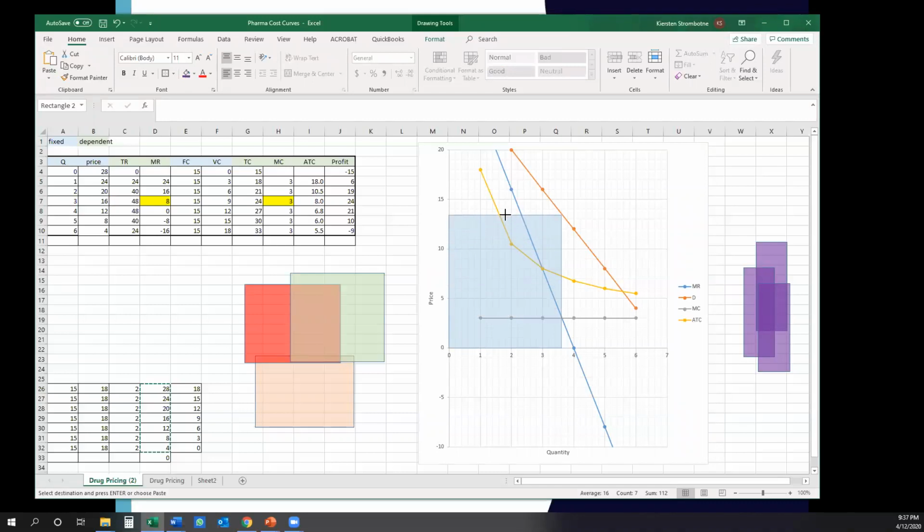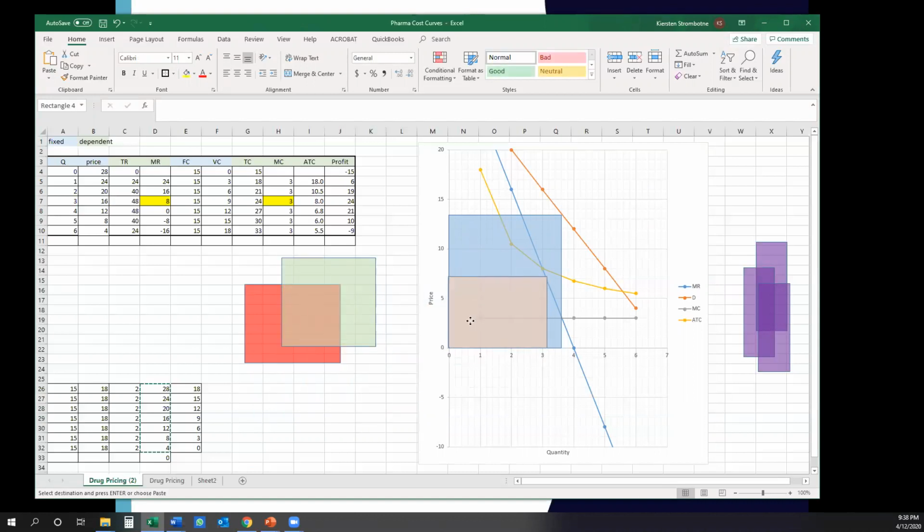I'm going to call that 13. And then our marginal cost and average cost stayed constant. So here are my total costs, right? Quantity times average cost. So profits are a lot larger in this situation when the demand curve is more inelastic.